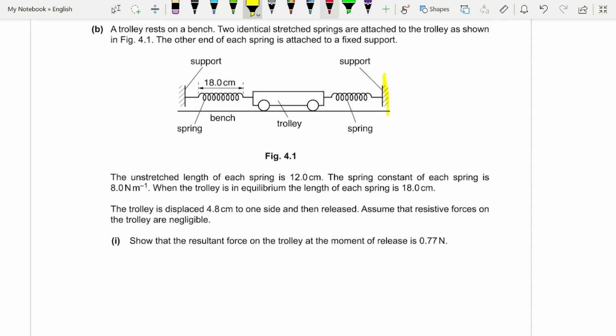So before it was even stretched, it had a length equal to 12 centimeters. Then we stretched it, and now it is 18 centimeters, and here we also have 18 centimeters. Remember, it's equal, we're at equilibrium.